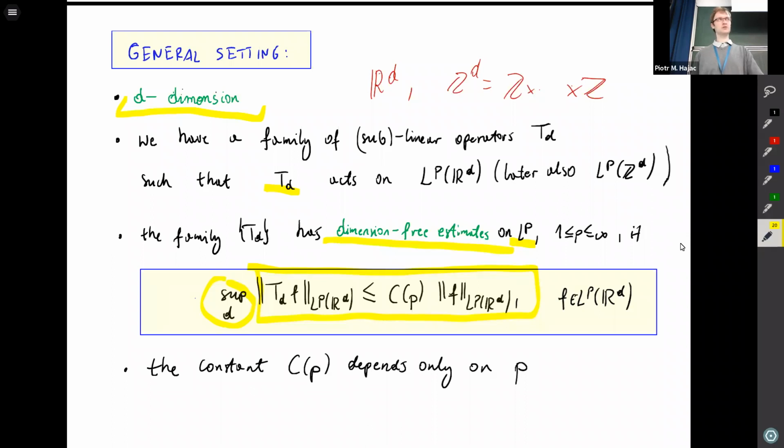So I could have written it in another language by just saying that this basically means that the operator is bounded on LP. This remark is for those who had functional analysis. But if you don't know this term, then it essentially means that one can control TD of f in terms of f. So for example, if f goes to 0 in the LP norm, then TDf also has to go to 0 in the LP norm, which is, by the way, equivalent with this estimate. Okay, but the crucial point for us is that we will be very much interested in the size of this constant.